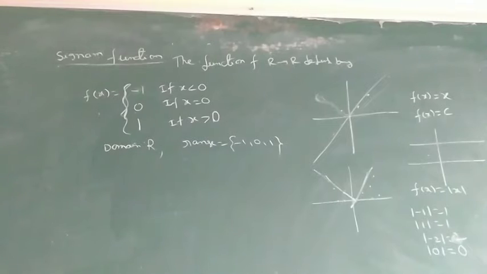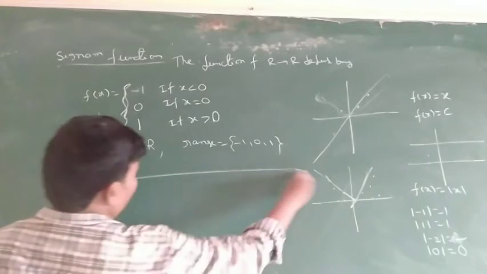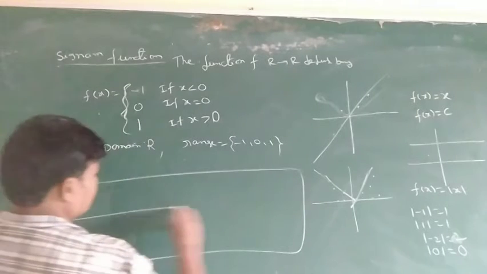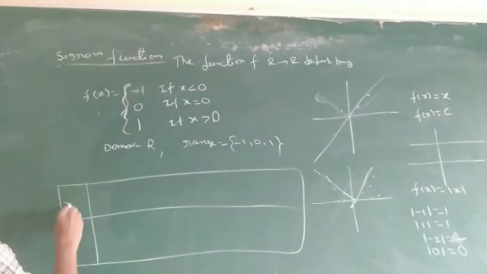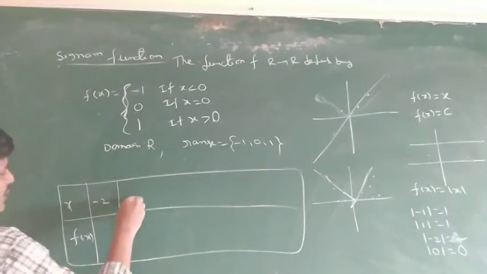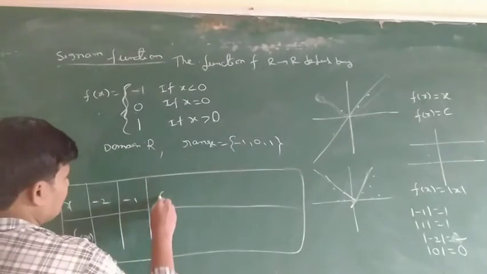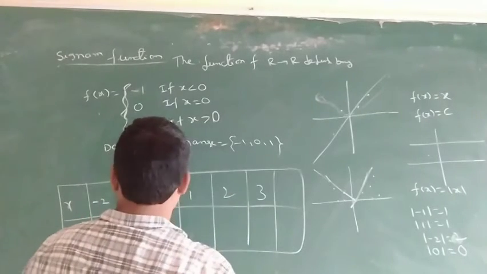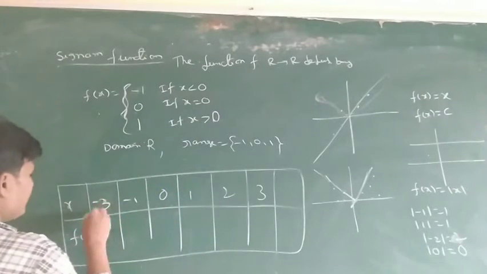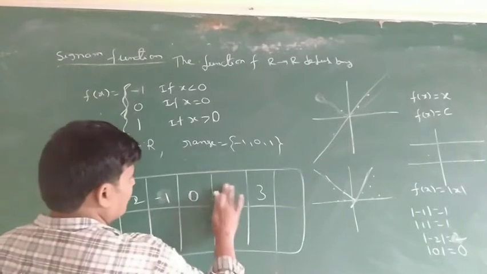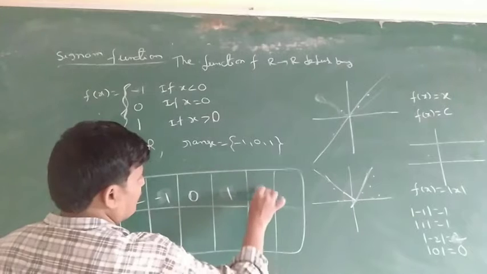A table is not necessary, but if you want, x values minus 3, minus 2, minus 1, 0, 1, 2, 3.